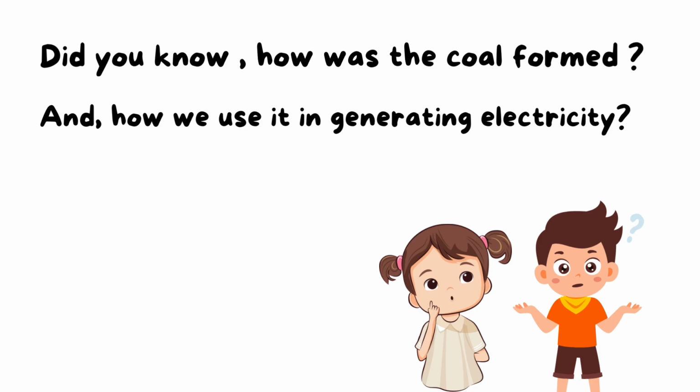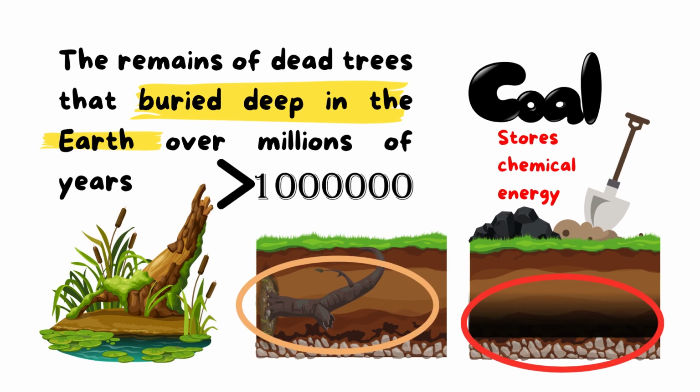So first, how was the coal formed? Millions of years ago, there were plants that lived on earth, and then these plants and trees died, so they were buried deep in the earth, and over millions of years, as we see here in the pictures, after millions of years, it turns into coal.